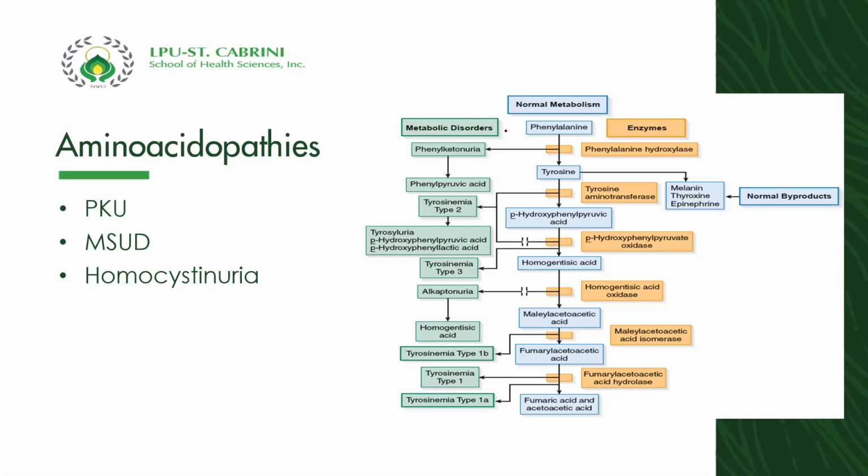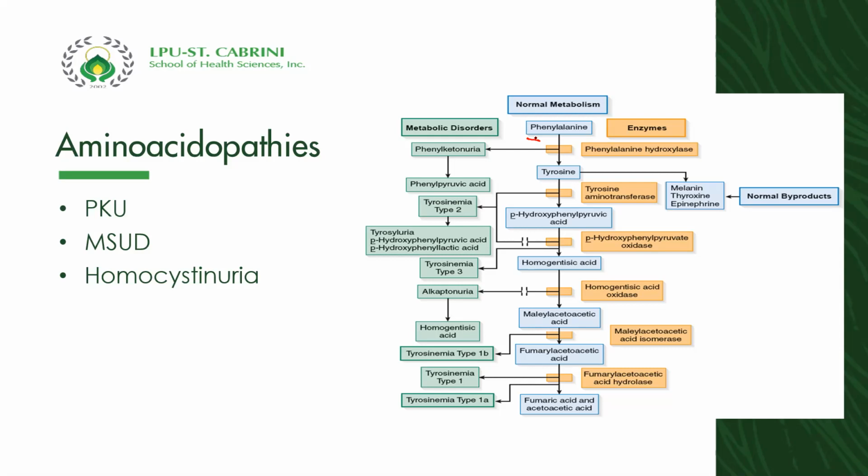So this tyrosine will have byproducts such as melanin and thyroxine. As you remember, thyroxine, your thyroid hormone, is a byproduct of our tyrosine, as well as epinephrine.